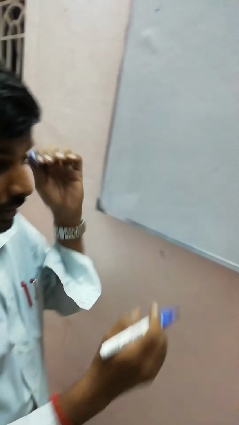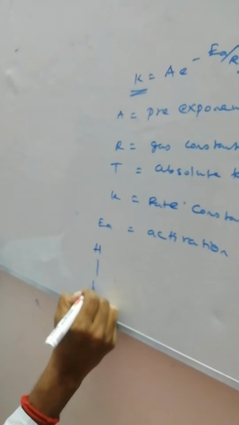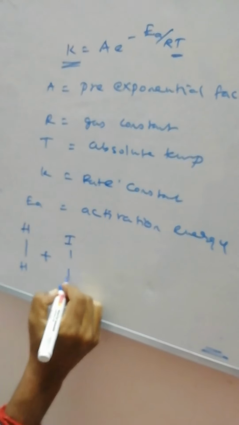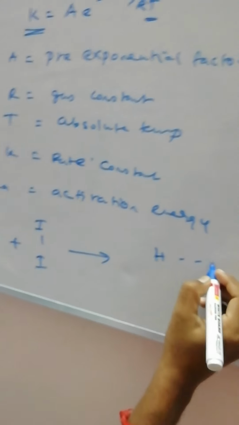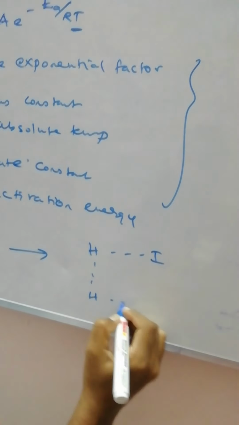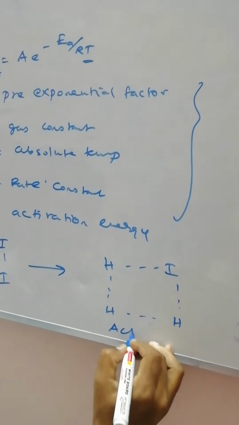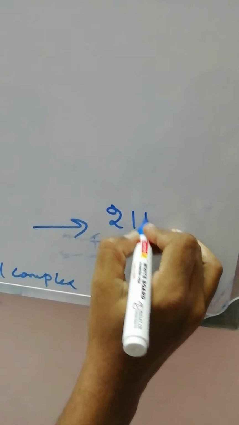Now we are going to start one reaction which tells about the mechanism of temperature dependence of rate constant. It will give an intermediate state, activated complex or intermediate complex. It will give 2 HI.